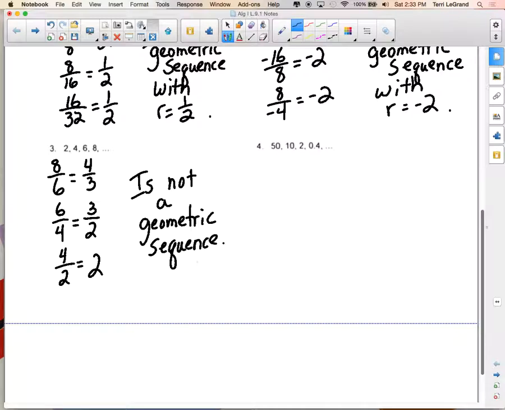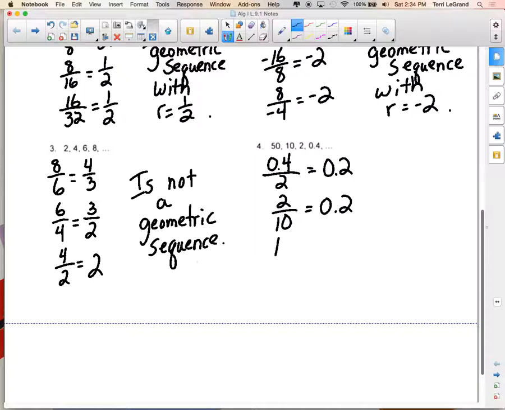Okay, we have one more that we're going to do here. At the end here, we have 0 and 4/10. We're going to divide that by the previous term, 2. So 40 cents is what we have on the top. If we divide that in half, we have 20 cents, or 0.2. If we take the 2 now and divide it by the 10, 2/10, its decimal name is 0.2.